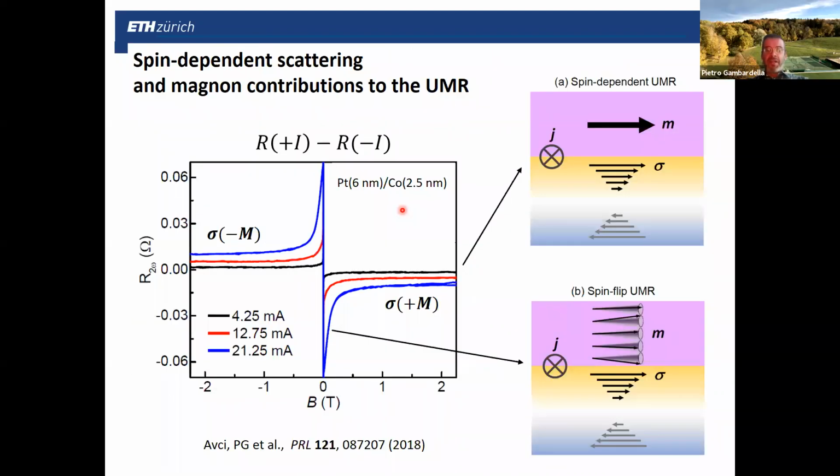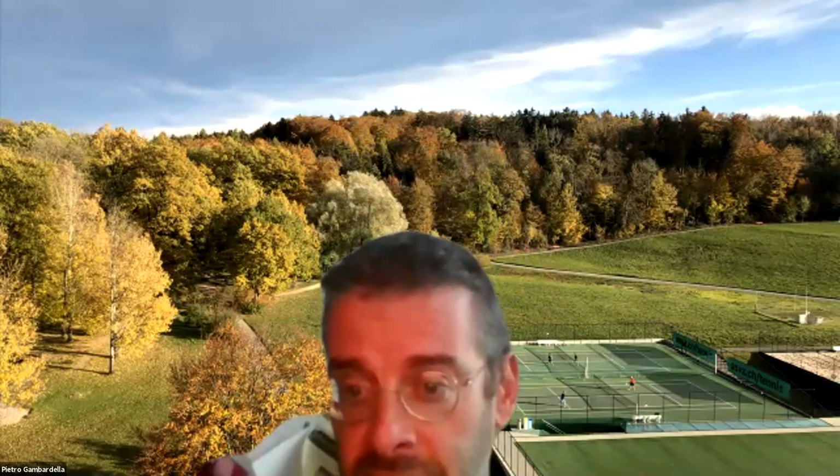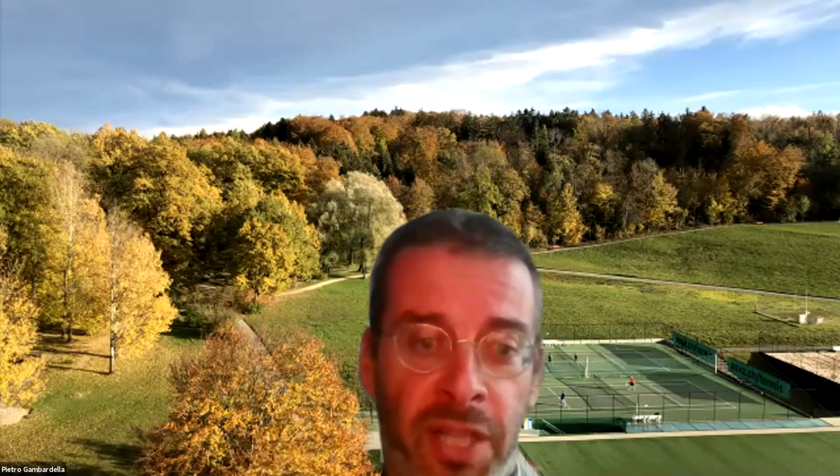Yes, I know you showed it. It's difficult in practice to distinguish the different dependencies. It depends which thickness dependence you're talking about.